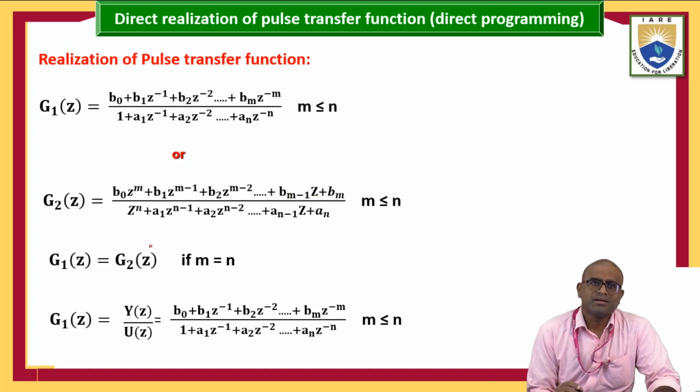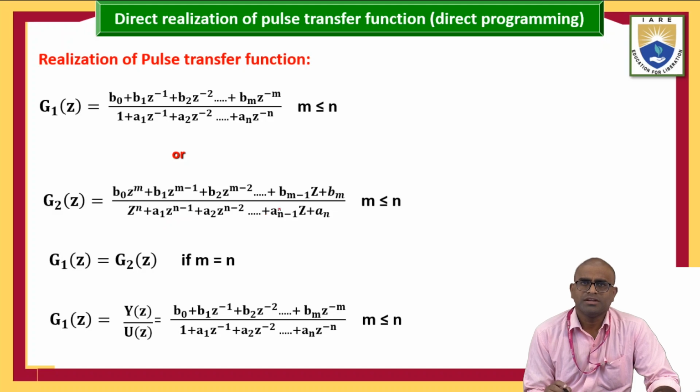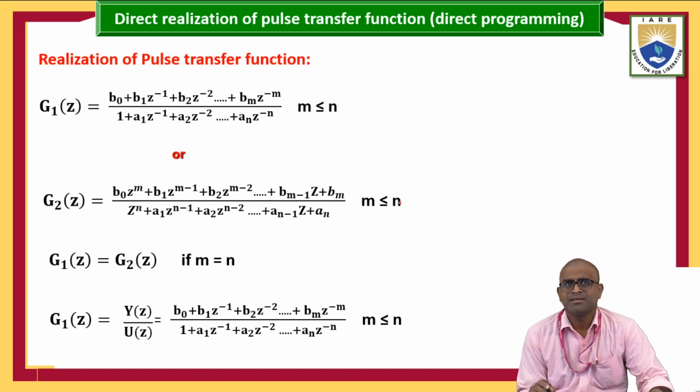Now the second function is also a negative feedback function, in the form of Z power of n plus A1 into Z power of n minus 1, like this. It is also in the case of m less than n.